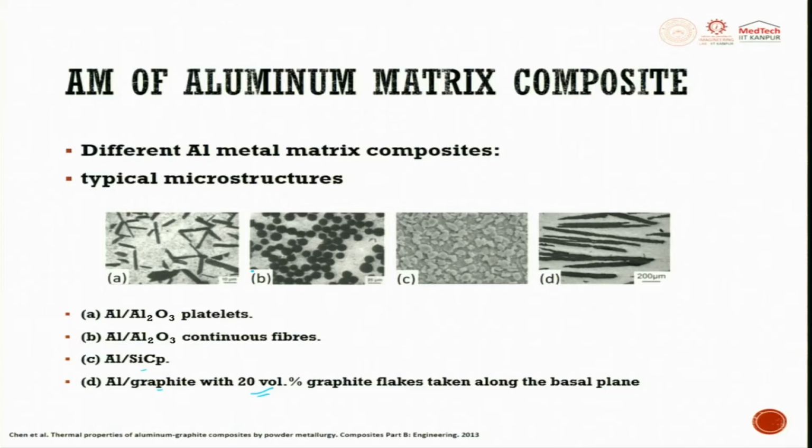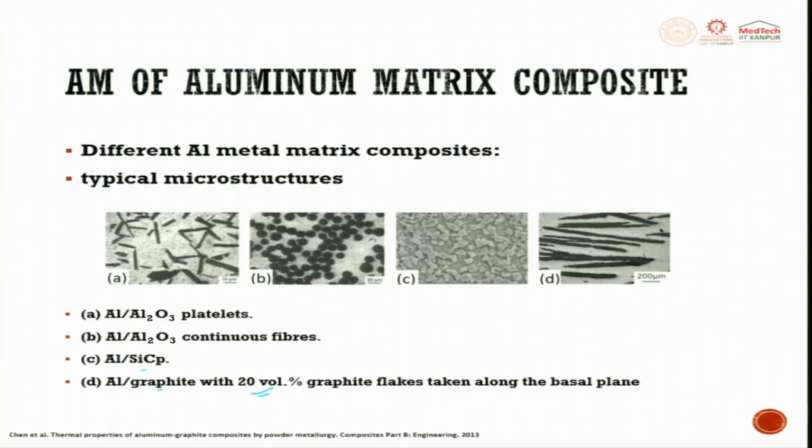When we talk about metal matrix composite where aluminium is the matrix, we see various types of microstructures. We see here alumina platelet type, then continuous fiber alumina through which the metal is squeeze casted.